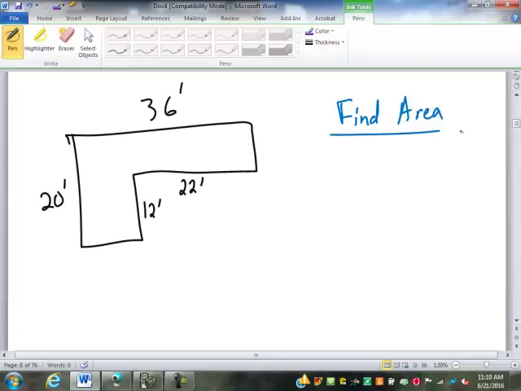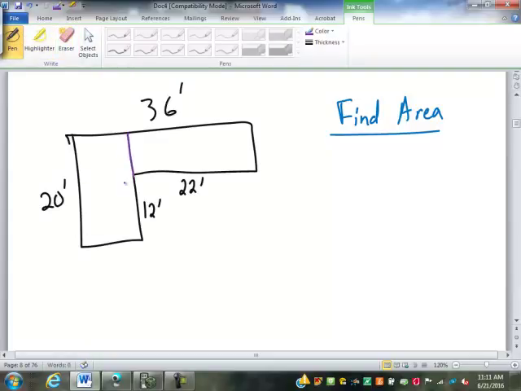Well, for the area, we only know how to find the area of a rectangle. This is not a rectangle. But we can make it into rectangles by cutting it. I could cut it that way, or I could have cut it here. It doesn't matter. Either one turns it into rectangles.